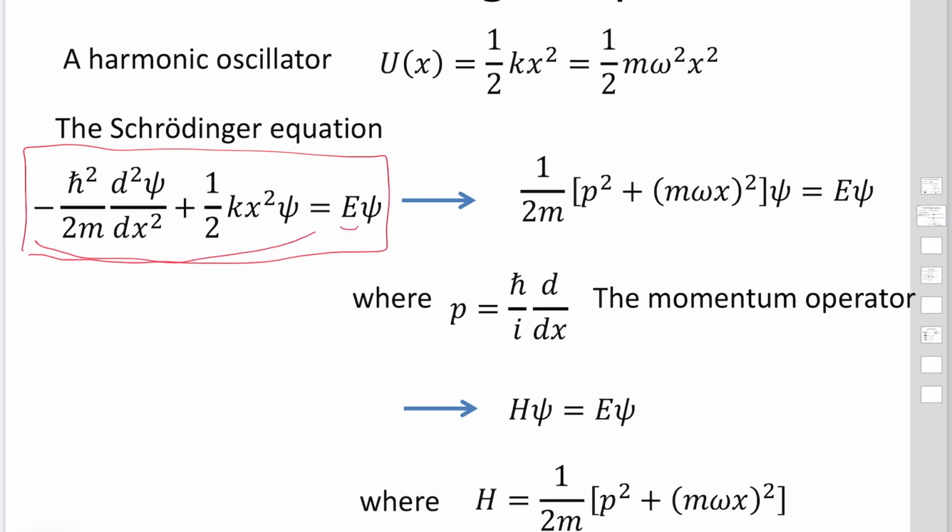This means energy is expressed as p squared over 2m plus potential energy. So if you compare these two cases, p squared is expressed as minus h bar squared times the second derivative.